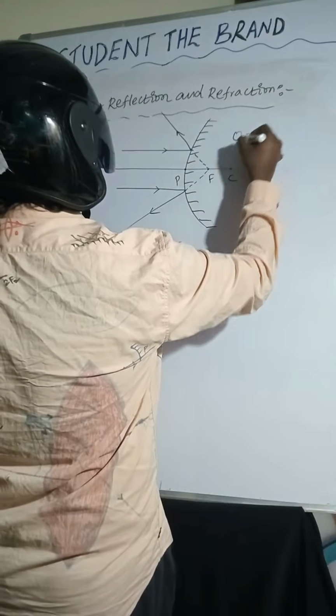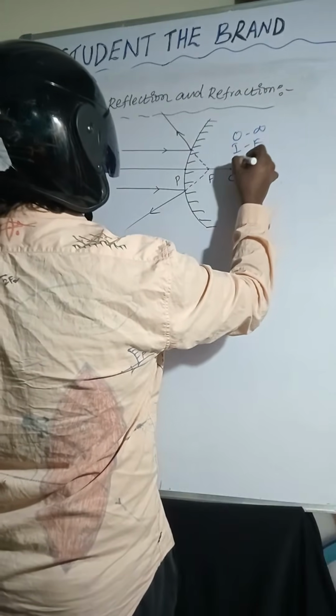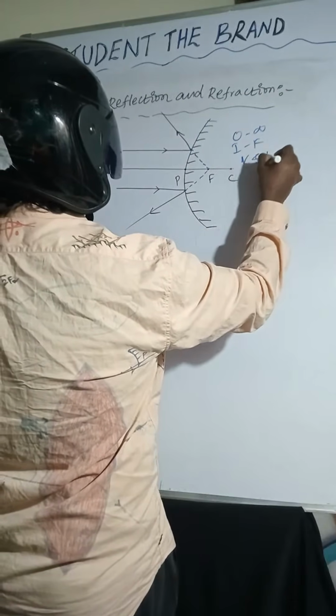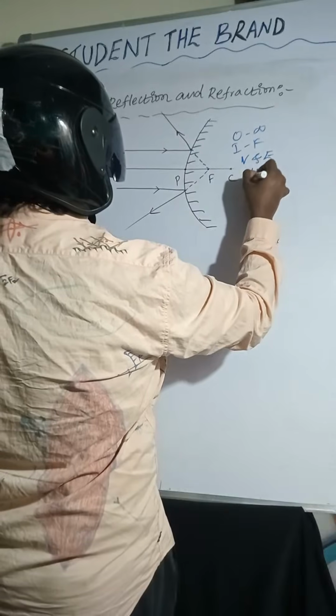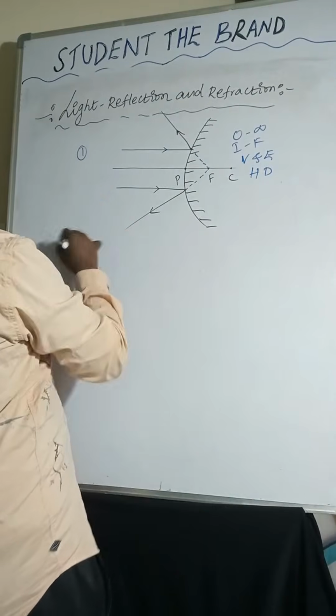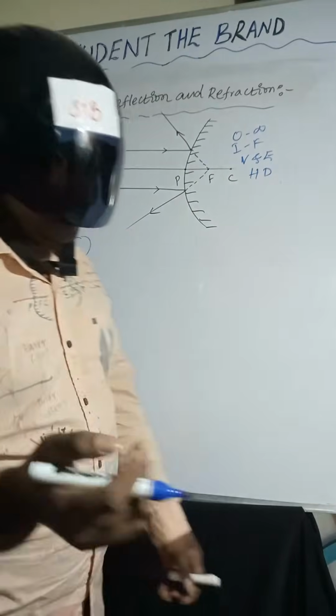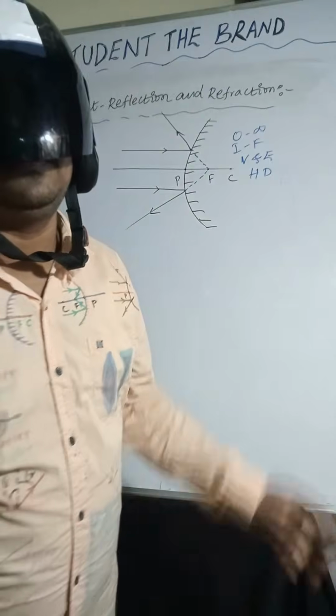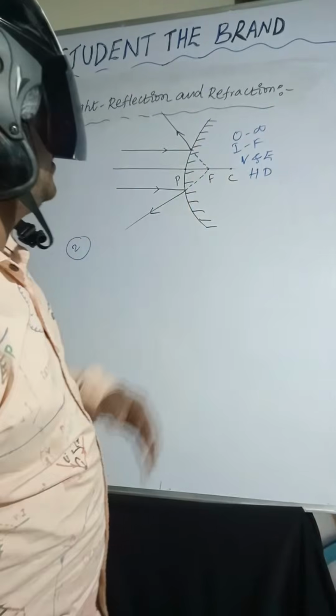Object is at infinity, image is forming at focus, nature of the image is virtual, erect and highly diminished. Image is forming at focus.